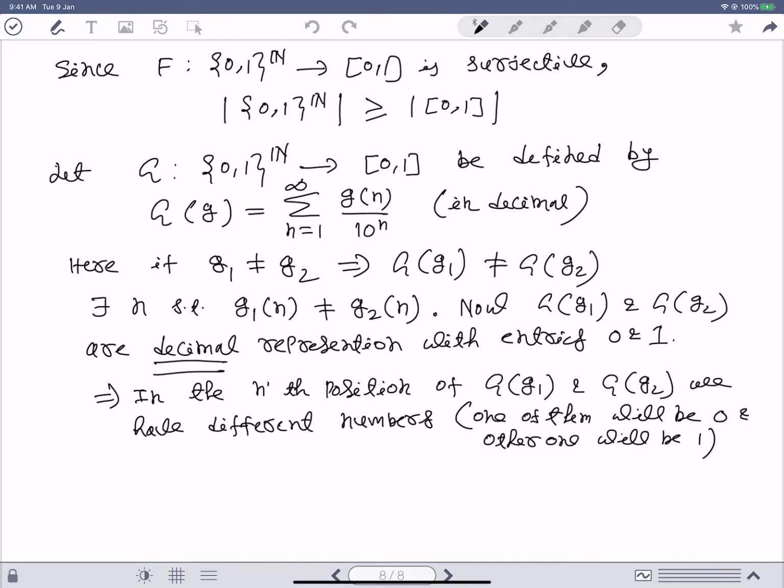So therefore g(g1) is not equal to g(g2). So here g is injective.